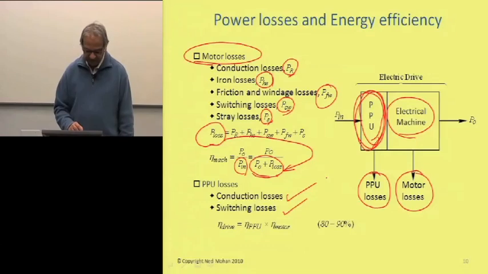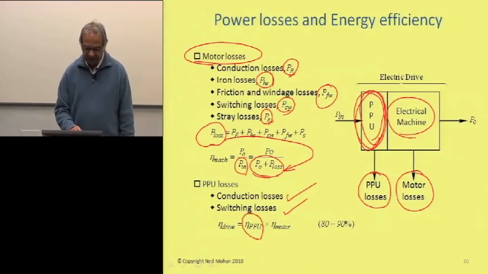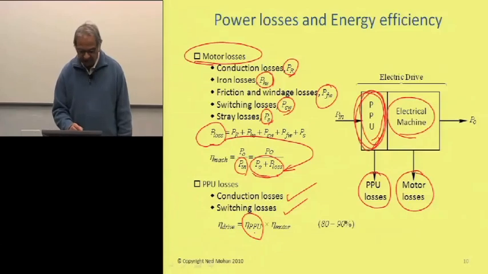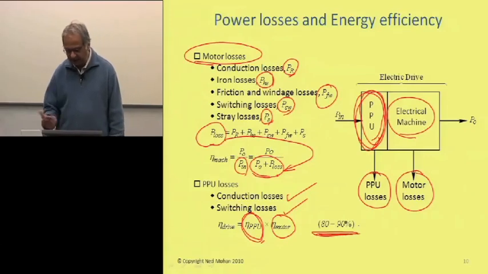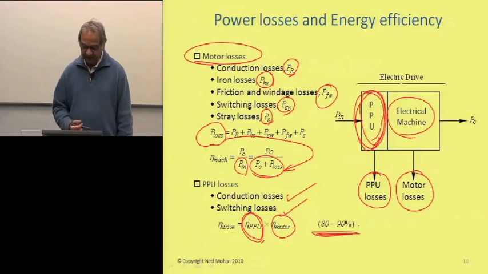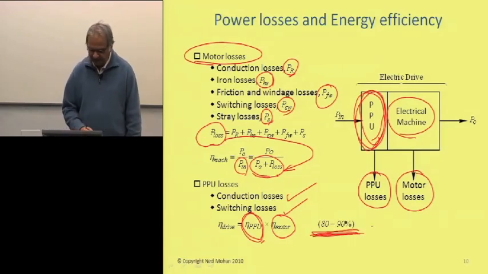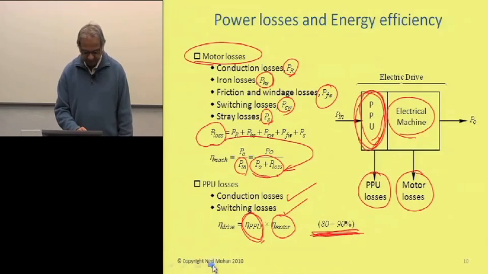So, this power processing unit has its own efficiency, and to find the overall drive efficiency, we should multiply this power processing unit efficiency with the motor efficiency. And typically, it's in 80 to 90% range. In very large power ratings, it may be approaching 95% or even higher.